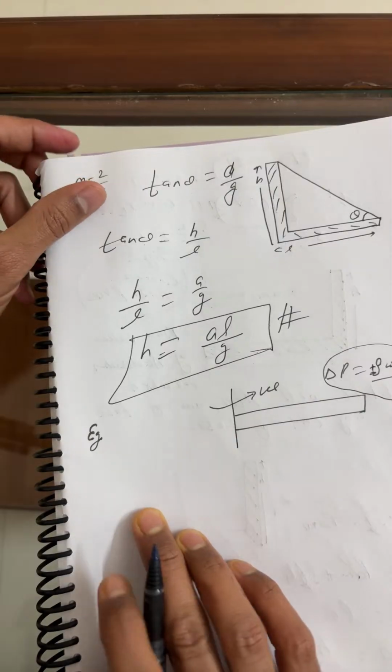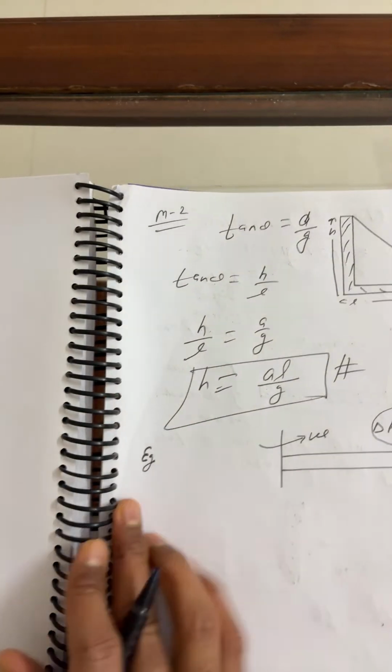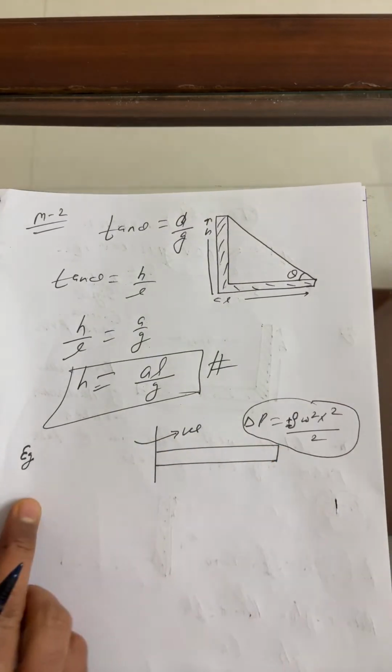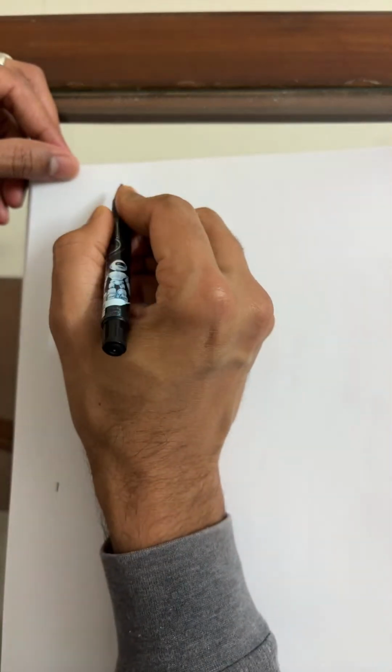Now Aryan, I'm giving you questions based on this. Just move to the next page here. Yes, here only. I wrote the formula because of you only. So have a look, what's the question?